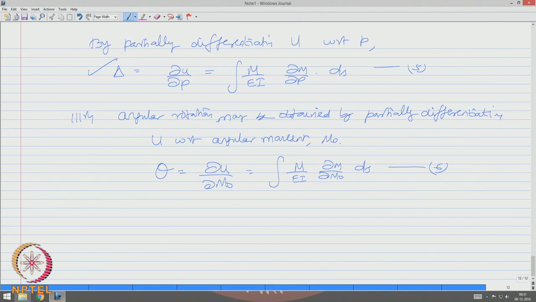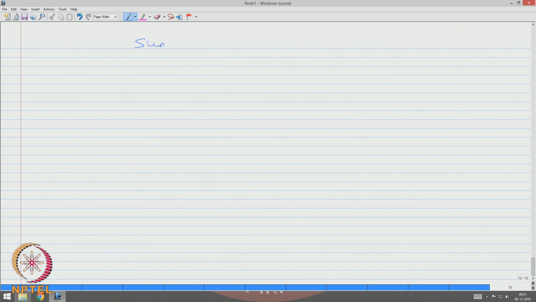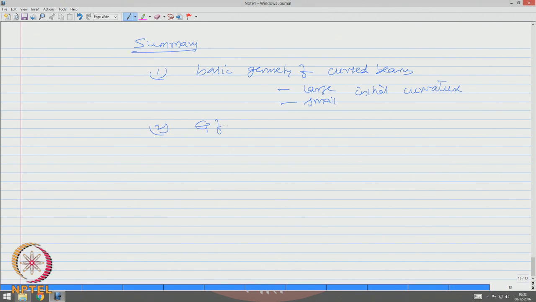So, friends, in this lecture we understood the basic geometry of curved beams with large and small initial curvature. We derived the equation of flexure for curved beams with small initial curvature.